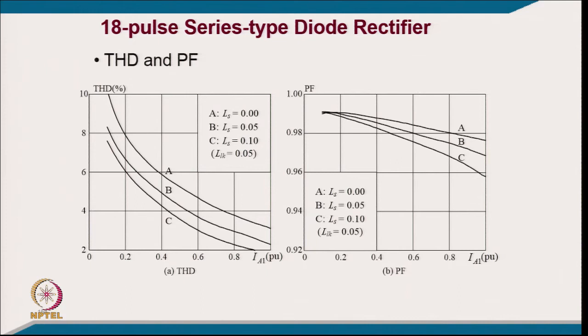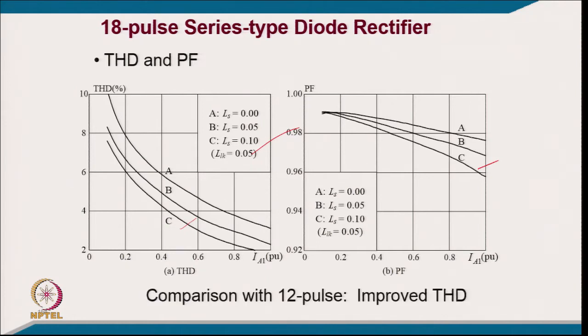Here also you can see the effect on THD: as you increase the leakage reactance of the transformer, called the source impedance, the THD goes on reducing, and at full load you may find it very close to the order of 2%. But the power factor reduces slightly, because the leakage reactance causes the overlap angle, and because of overlap you get some reactive power burden and the displacement factor deteriorates, in spite of the distortion factor improving.